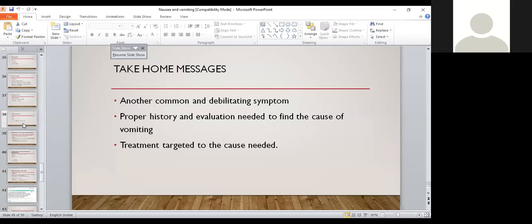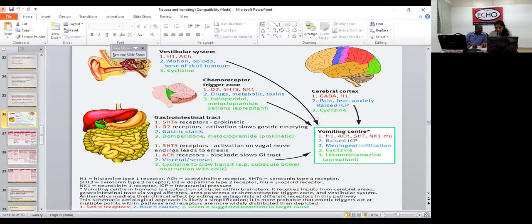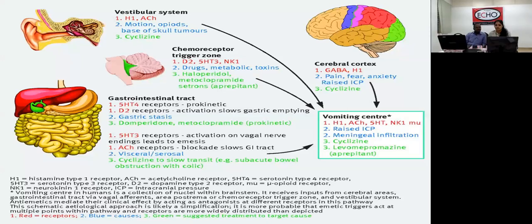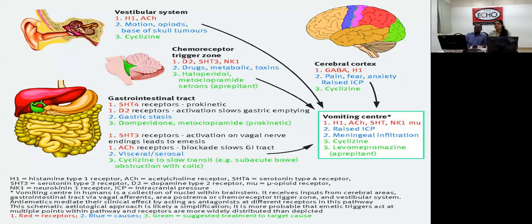Okay, so now look at the chart and tell me which is the drug. So it's a metabolic cause, right? So where is the metabolic cause? Which is the drug of choice? Who's going to answer? This center is stimulated by metabolic problems.